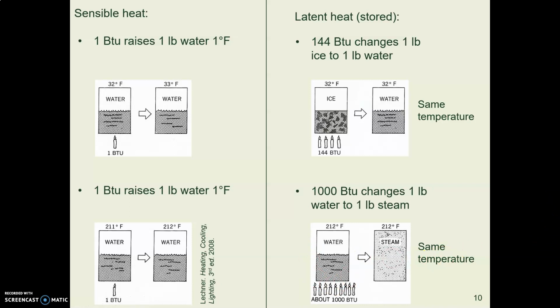It's at 212 degrees Fahrenheit. It's just on the verge of boiling. How much energy does it take to change that 1 pound of water to steam and leave it at the same temperature? It takes 1,000 BTUs. So that's the power of latent heat.